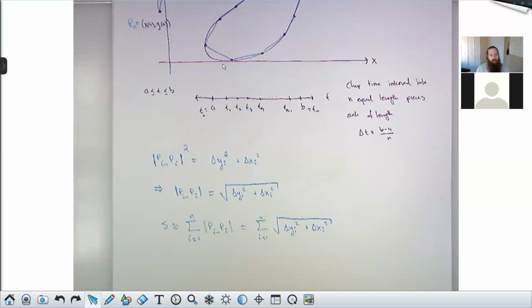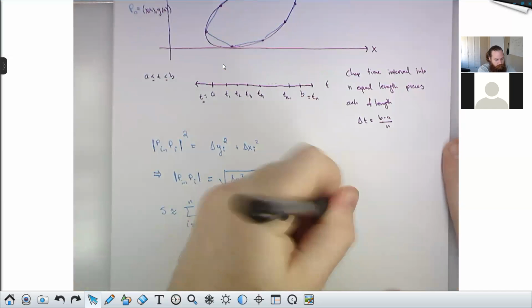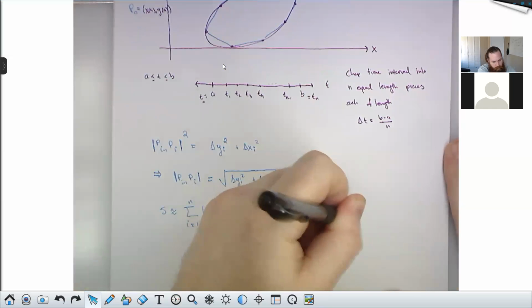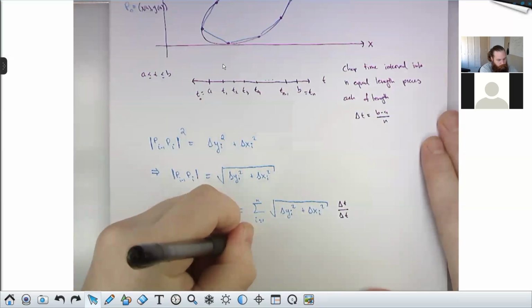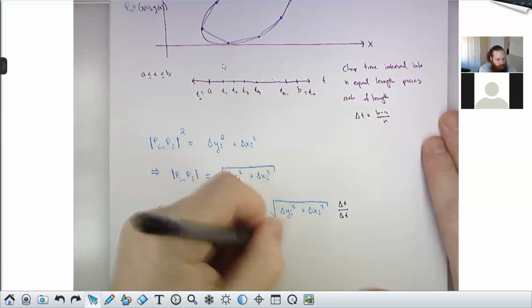And then we do some algebra to make this look like a Riemann sum. I'm going to switch back to purple here. I multiply and divide by delta t, and I get that this is equal to the sum from i equals 1 to n.